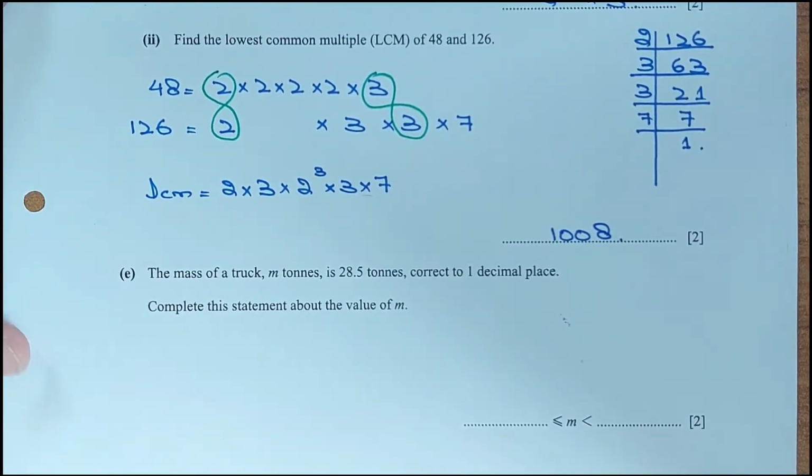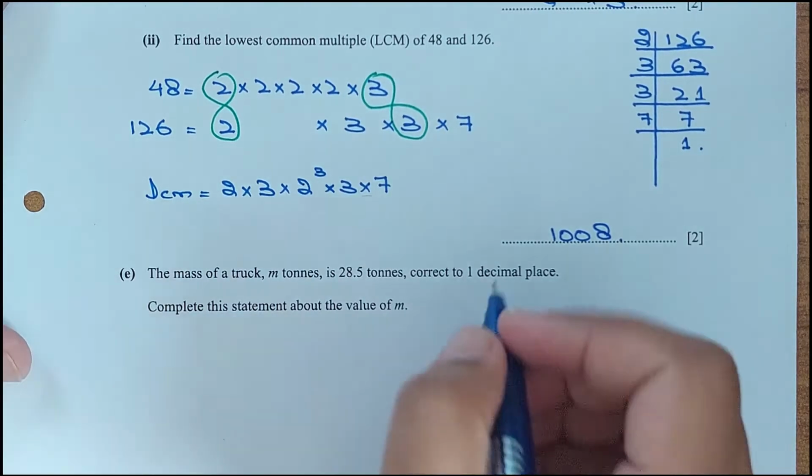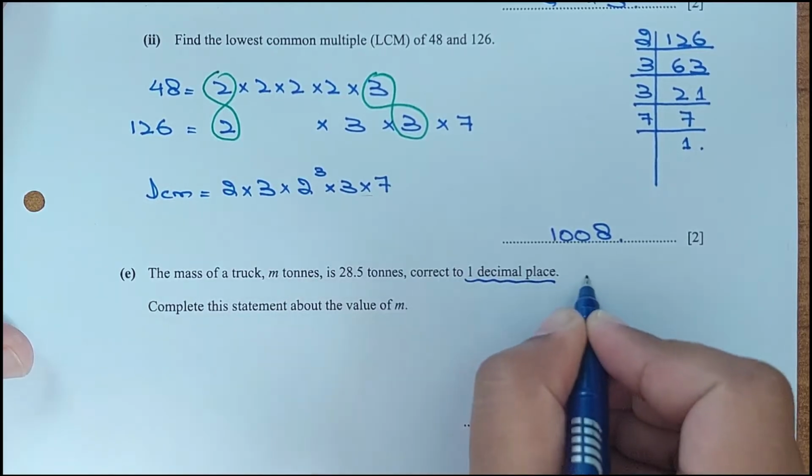Now for part E, the mass of a truck, M tons, is 28.5 tons, correct to one decimal place. One decimal place means 0.1.